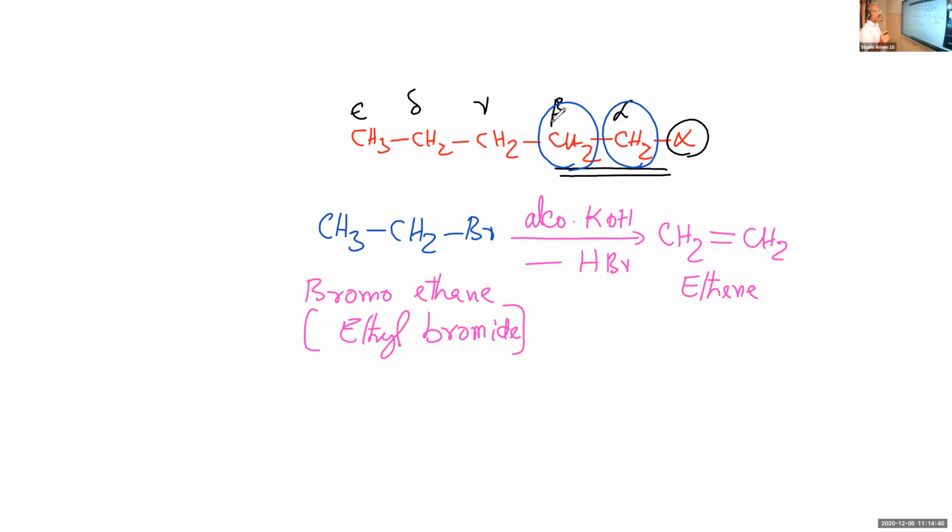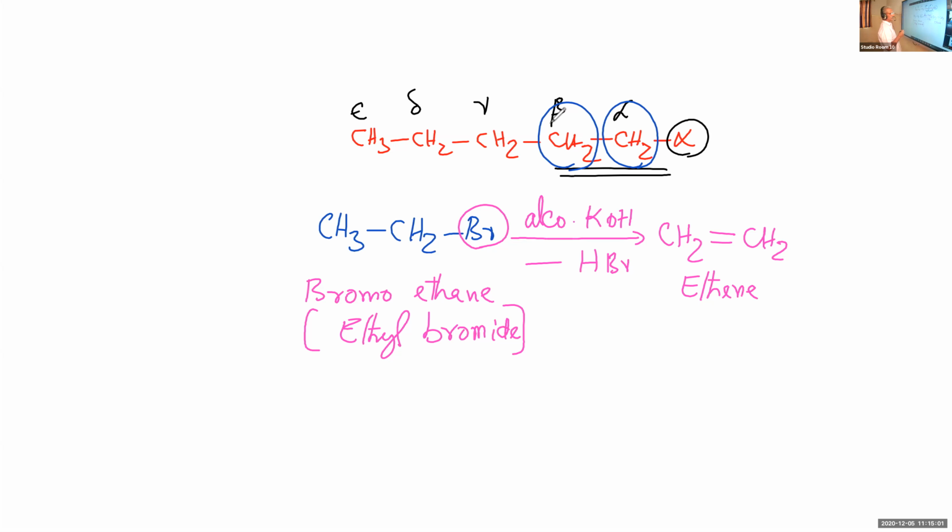During the elimination of HBr, which hydrogen is removed? See, here the functional group is the bromine atom.